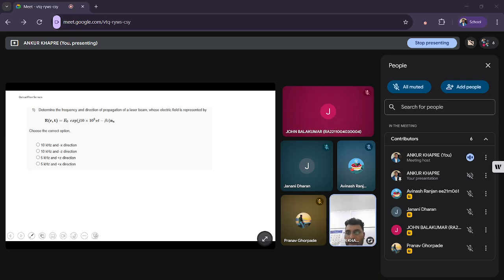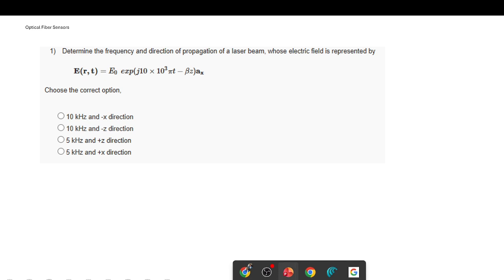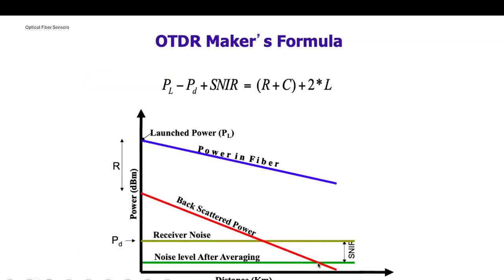So today we are going to discuss the optical sensor system, where first we'll discuss what the parts of the optical sensors are.